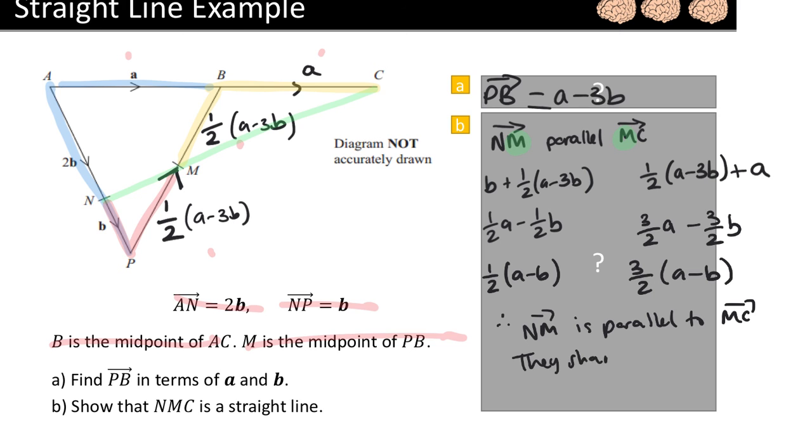They share a common point M, therefore NMC is a straight line. Sorry, I just realised I wrote the vector thing on top, which I don't need to. Okay? That is how we prove this is a straight line.